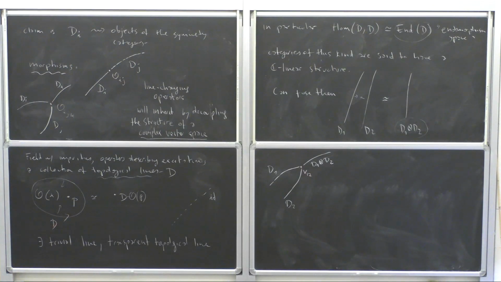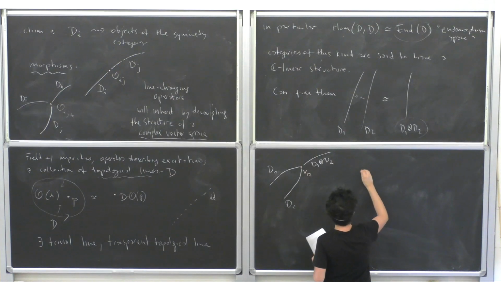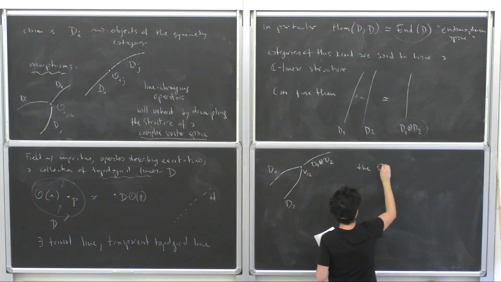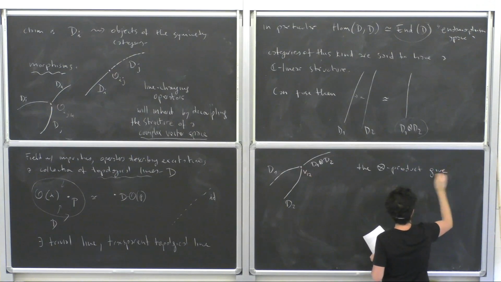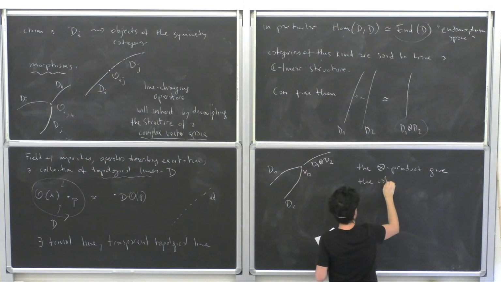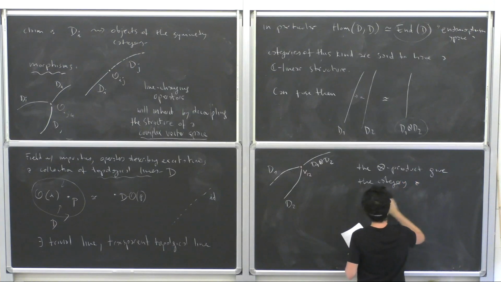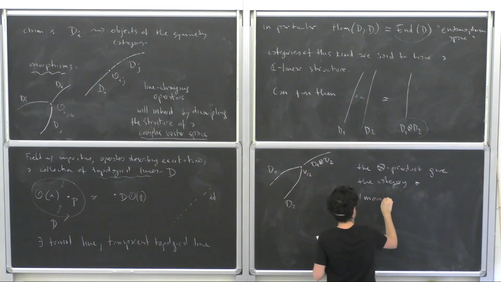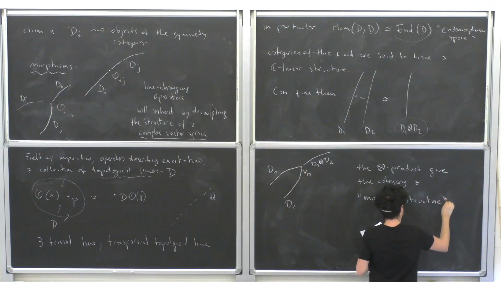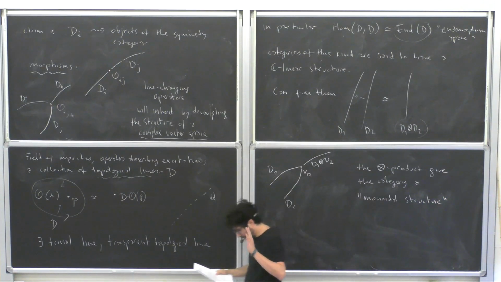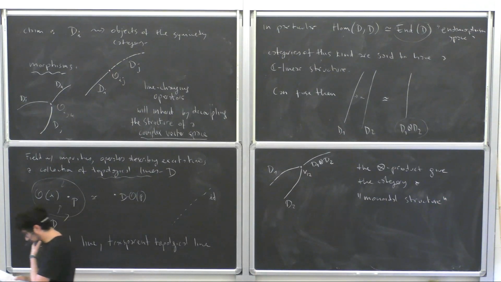A category of this type, a category that has a tensor product operation, is said to have a monoidal structure, just the statement that you have this product.